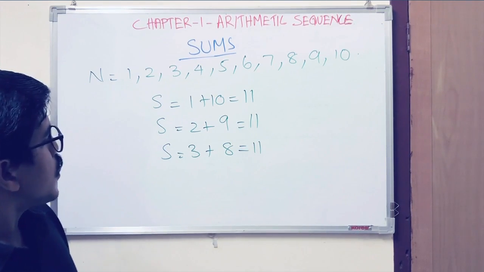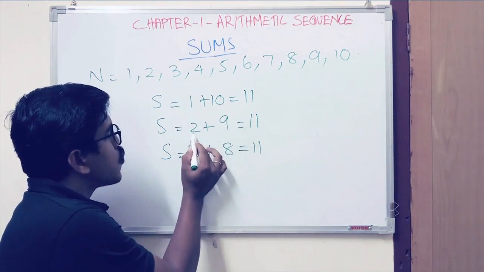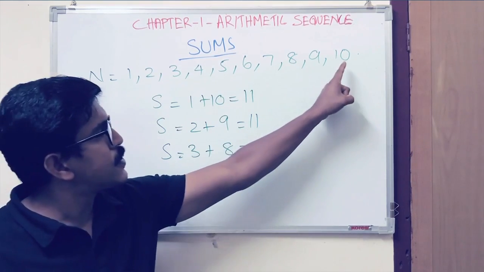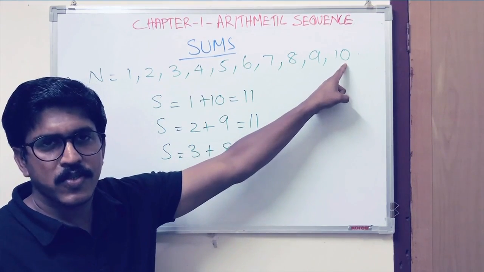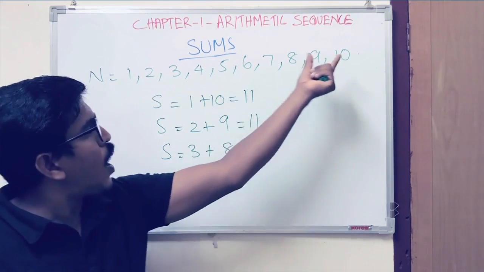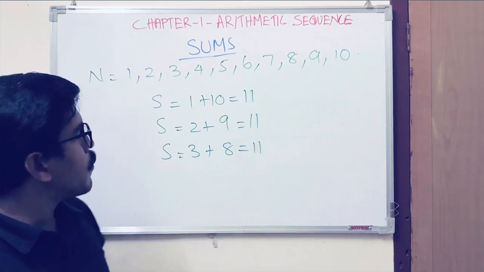You can see here, at a time I am taking two terms. Here also I am taking two terms. Total 10 terms are here. So if I take two terms at a time, half of the total terms will give 11.